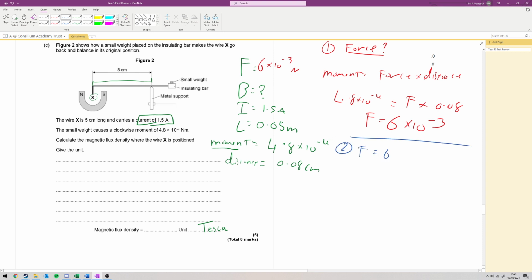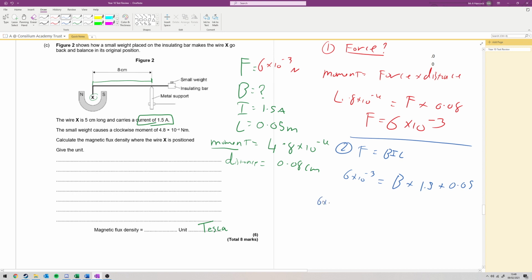Now, using my equation, let's change colour again, because now we're on to part 2. F equals BIL. I've got my force, 6 times 10 to the minus 3 equals, B is what I'm calculating. I know I is 1.5, and I know the length of wire inside the magnetic field is 0.05 meters, or 5 centimeters. Now, 1.5 times 0.05 equals 0.075.